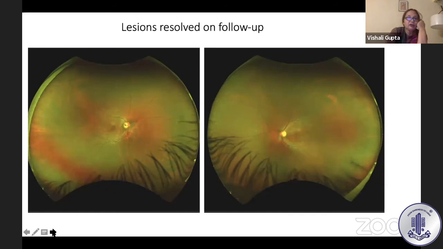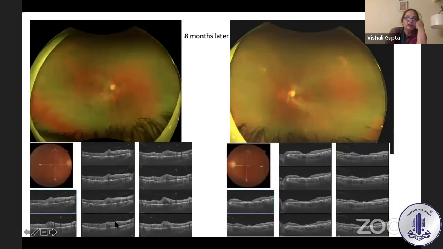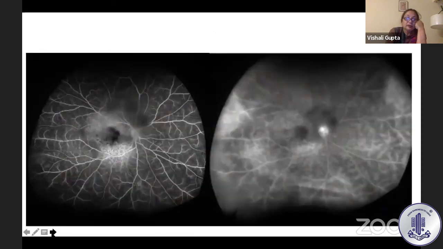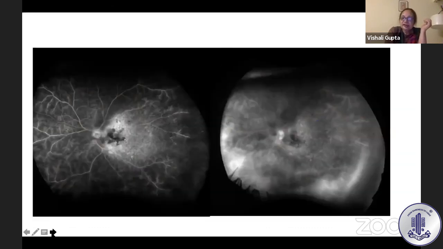Did fine, lesions resolved, we were okay with it. Till 8 months later, he comes back with recurrence of inflammation in the right eye and also in the left eye. Now, what he has is diffuse vasculitis, which was not there before, which looks autoimmune to me, and the same is in the left eye.